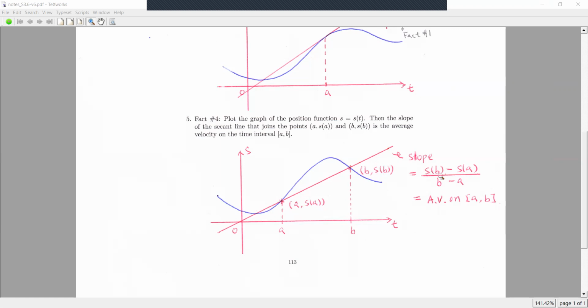So, S of B, this is the position of the object at the time B, minus the position of the object at the time A, then over B minus A time elapsed. So this is the average velocity of the object on the time interval from A to B.